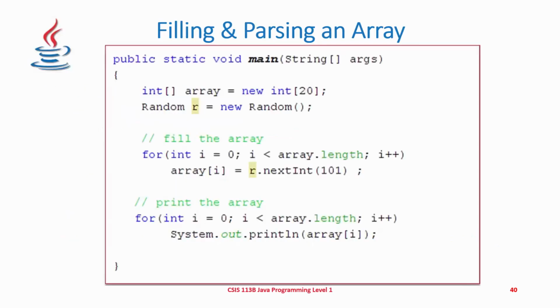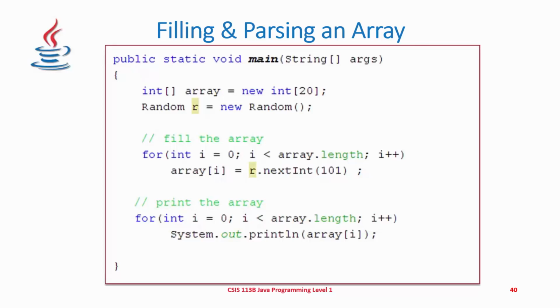So here's an example of both creating values in an array as well as going through and printing the values in an array using for loops. We start out with an integer array of size 20, and then we're going to populate it as we create the values, the elements in our array here. We're going to use a random number generator.